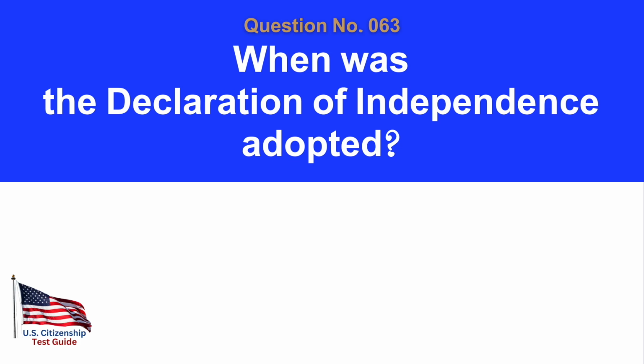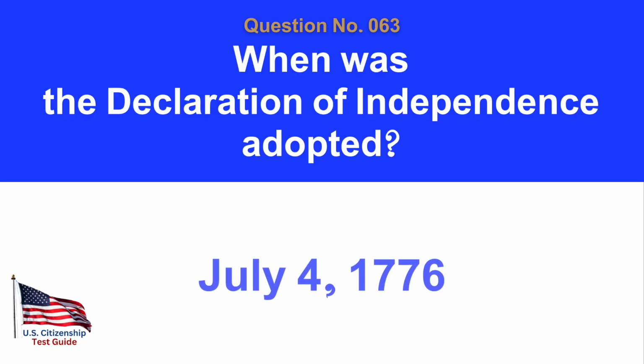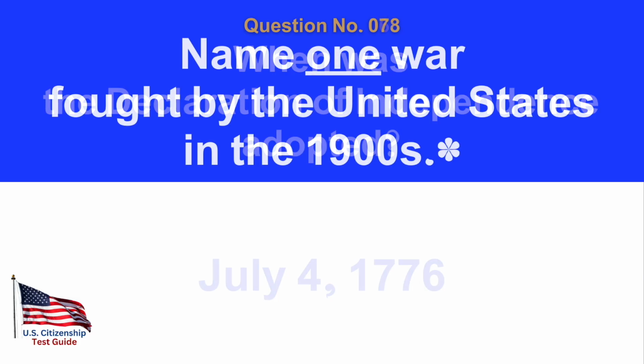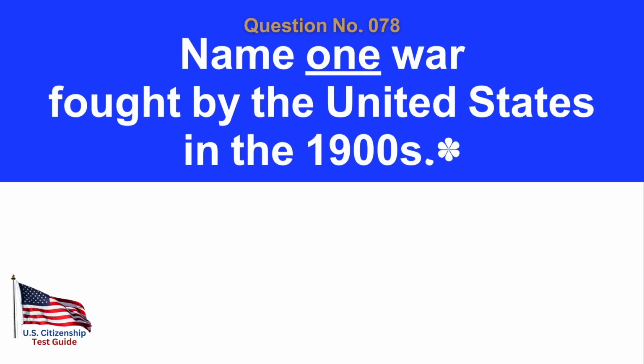When was the Declaration of Independence adopted? July 4th, 1776. Name one war fought by the United States in the 1900s.